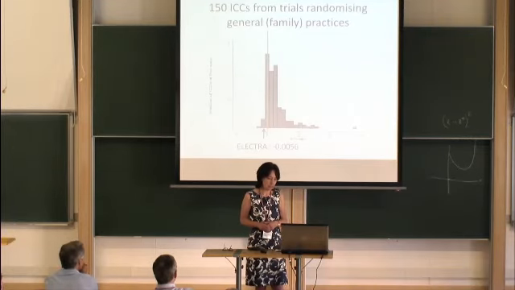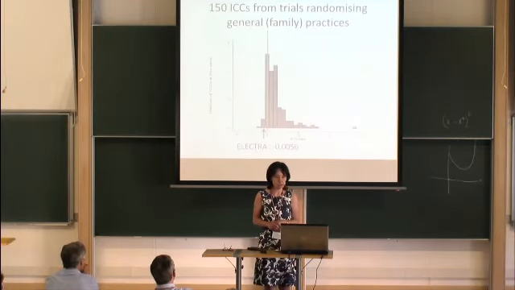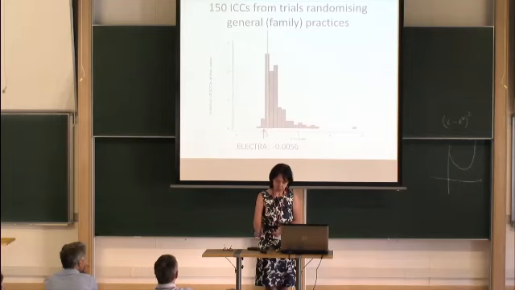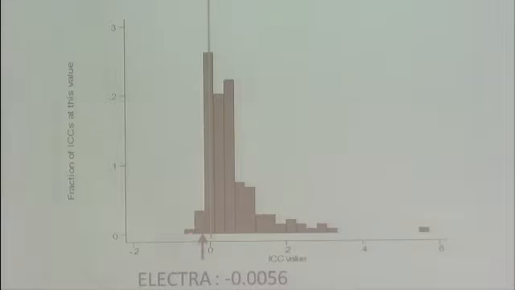When we look at ICCs, these are 150 ICCs, and they're taken from various sources, but again these are randomising general practices or family practices, and you can see that the ICCs vary, some are negative, most of them vary between 0 and 0.3.